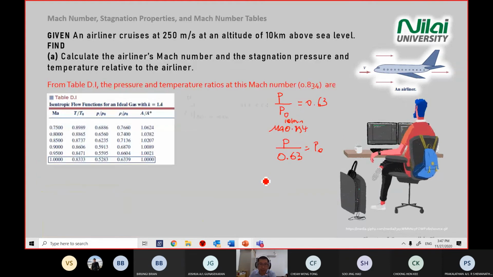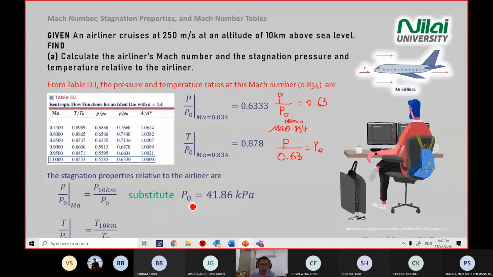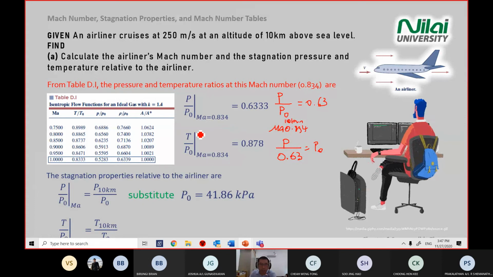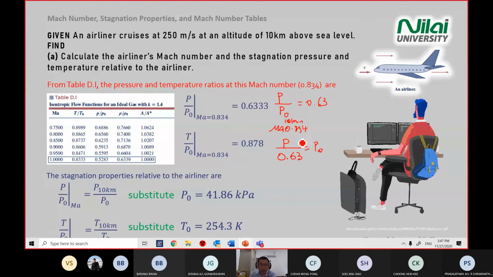Then you do the calculation, and you will get the pressure at stagnation state of 41.8 kilopascal. You do the same for temperature also. Your temperature at stagnation state at a height of 10 kilometer above sea level, if you do the conversion like you did for pressure just now, you will get 254.3 Kelvin.